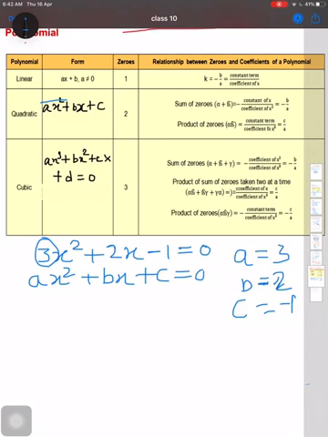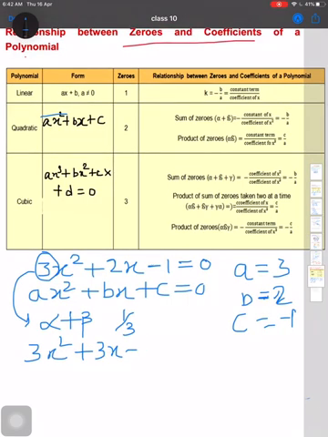Now this is a quadratic equation, so how many roots will it have? It will have two roots. Suppose the roots are alpha and beta, and in this case we can solve also. After solving, you will get the values.